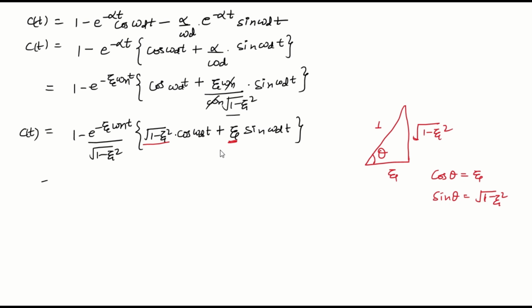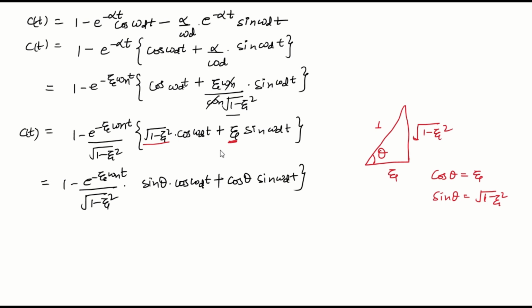This will be 1 minus e raised to power minus zeta omega n t divided by square root 1 minus zeta square, into sin theta cos omega d t plus cos theta sine omega d t. Now if you remember the trigonometric formula, sine a cos b plus cos a sine b, this will be sine of a plus b.